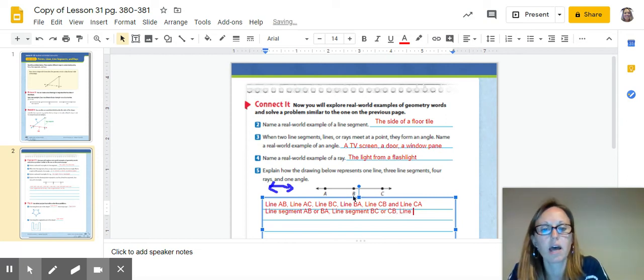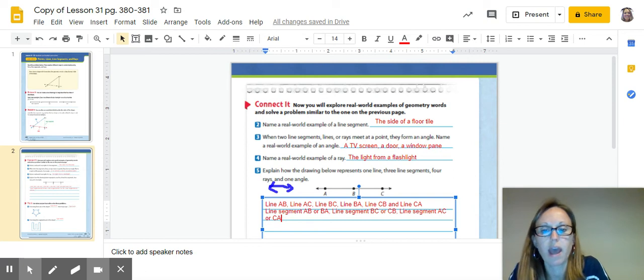And then we have line segment AC or CA. Like I said, it doesn't matter to me which one you put first, but that's why we only have 1, 2, and then 3 line segments. For lines, we have 6 different lines on that one line. We can name it 6 different ways.